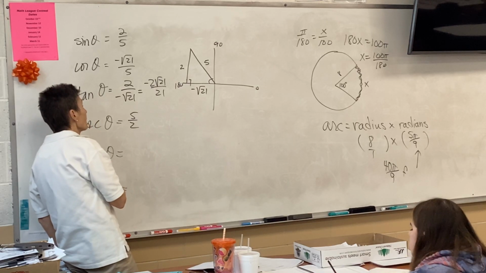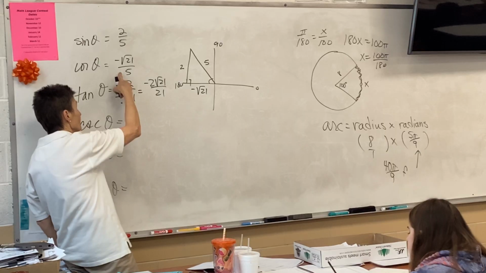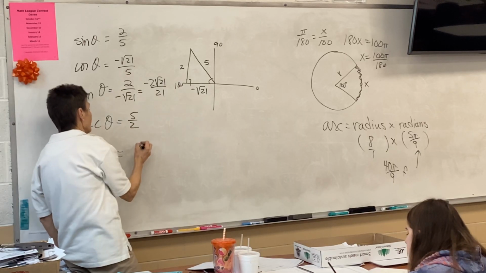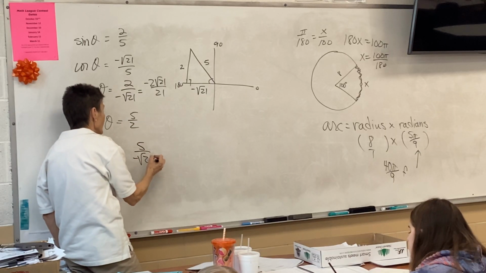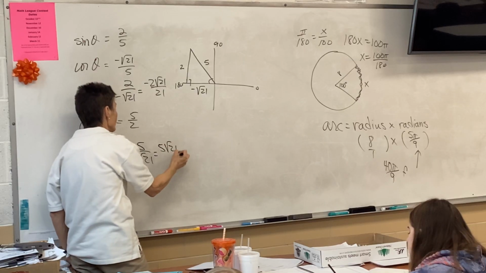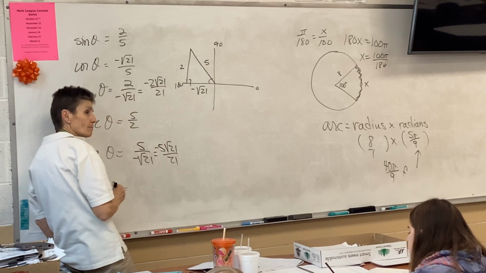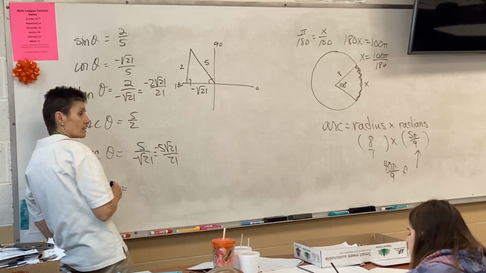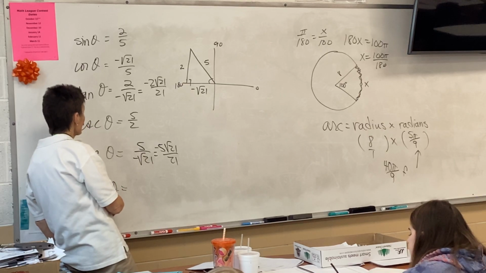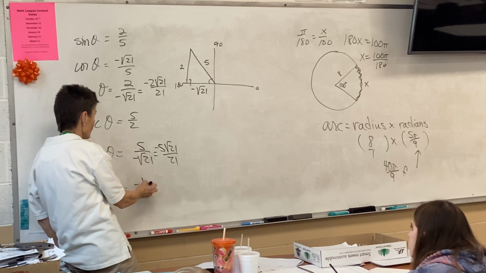Secant, 5 over negative root 21, so negative 5 root 21 over 21. And then this one's gonna be negative root 21 over 2.